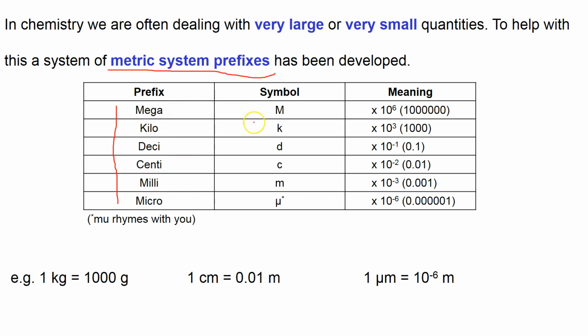Each of these has a letter, and the case is important, that is equivalent to writing multiplication by a particular power of 10.